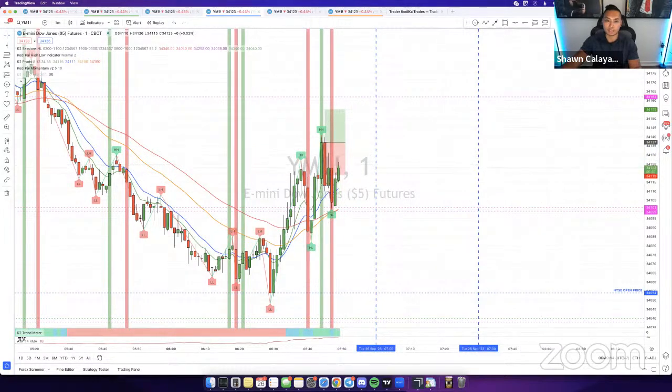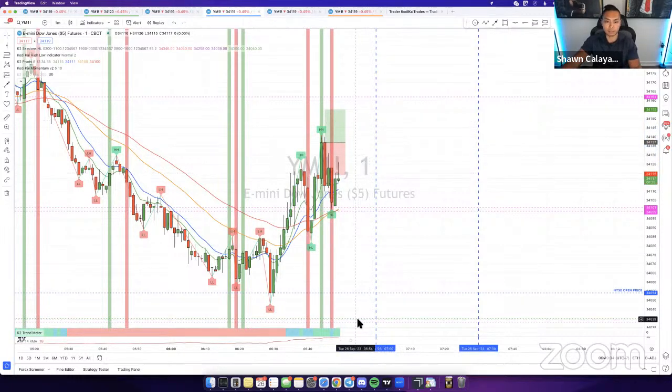So not exactly the best entry. Price already made this big climb right here, retraced down, came back up, retraced back down right here. And then it's probably going to climb back up now from where it's currently at. But it's still going to be considered a bit of a risk.